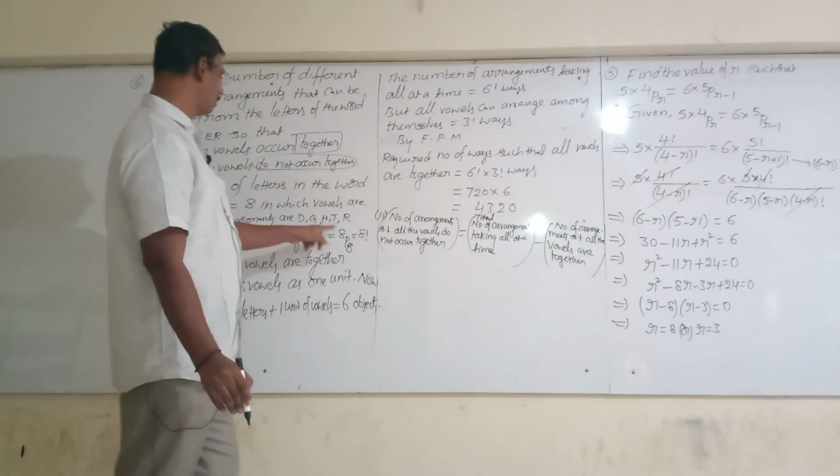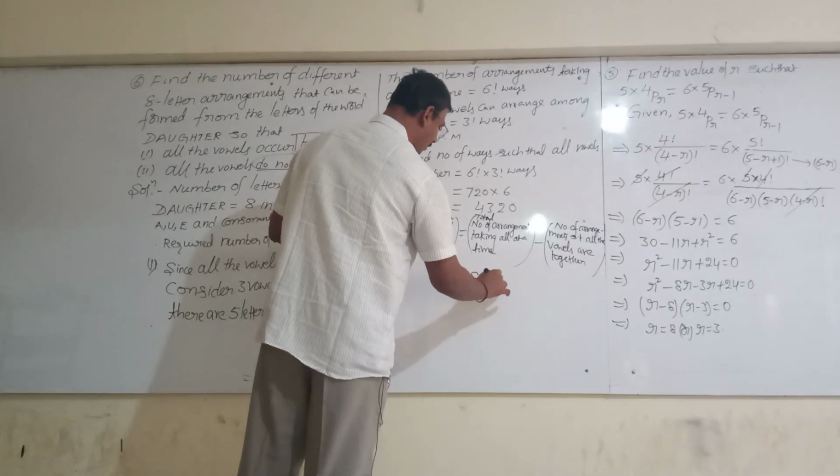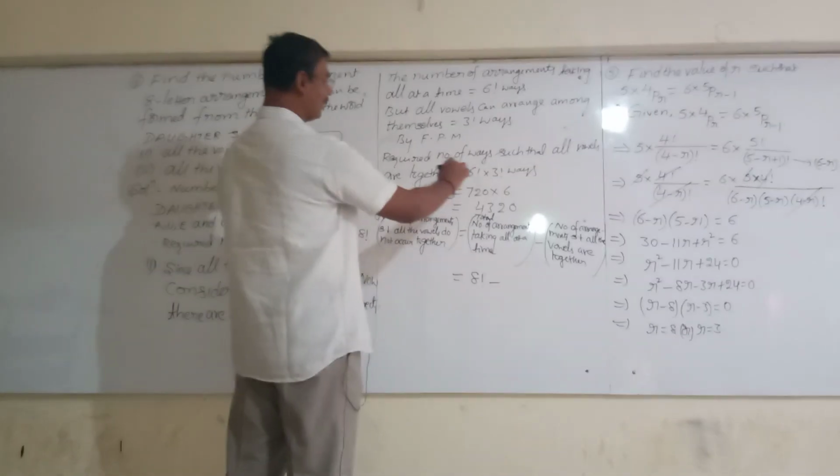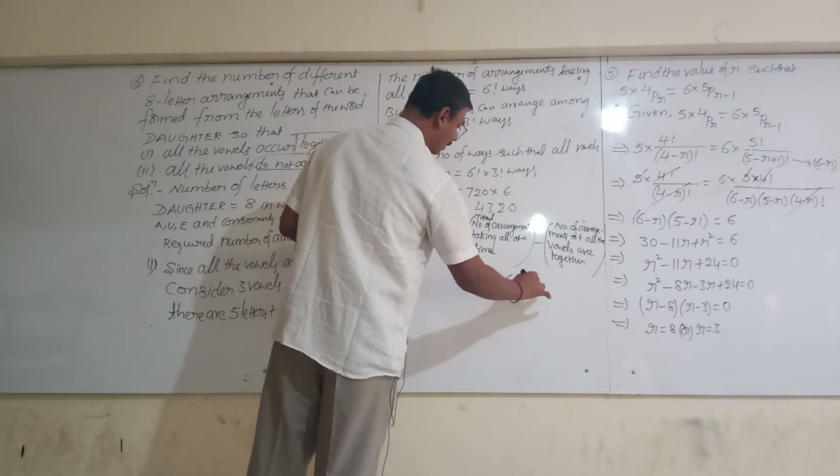Total is equal to how many? 8 factorial. 8 factorial minus all together, that is 6 factorial into 3 factorial.